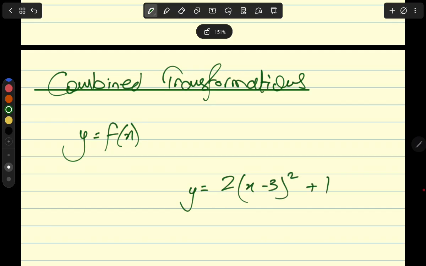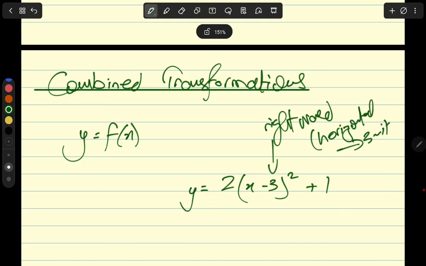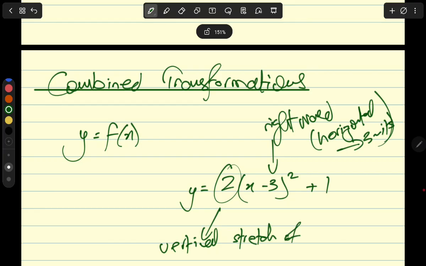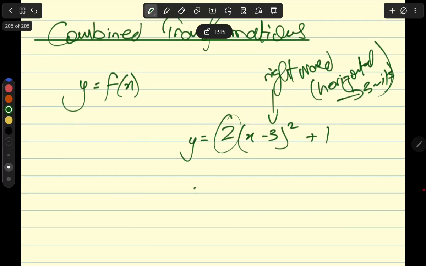Now, what has happened here? Students may correctly identify that it's a rightward movement, so I will call it a horizontal translation by 3 units. And then this is a vertical stretch of 2. Sorry, my bad.